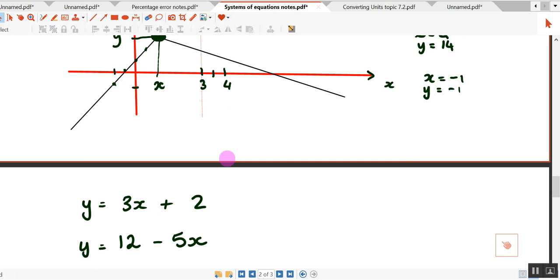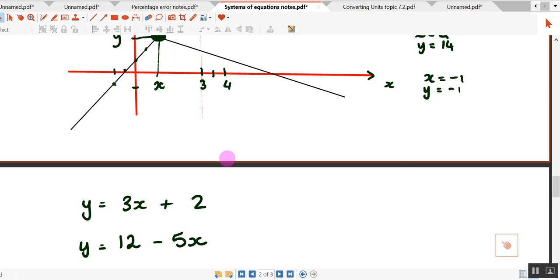Okay, so how do I figure out the x and y? Well, which one do you choose? Doesn't matter. You substitute a number in for x. The equation will tell you which value of y goes with the value of x.